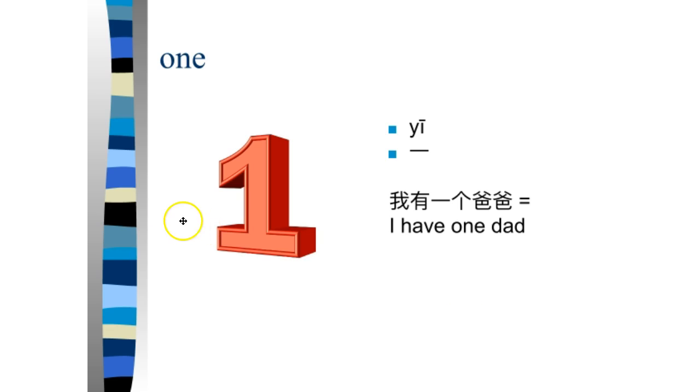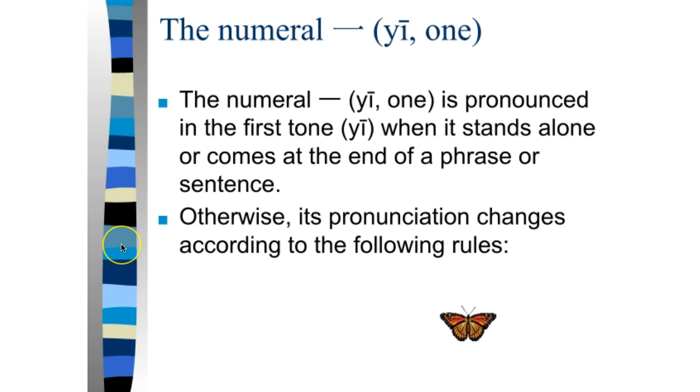The word for one is 一. It's pretty straightforward, except like 不 before it undergoes tone sandhi. Remember, tone sandhi means the tone changes depending on the tones that come before and after adjacent sounds.